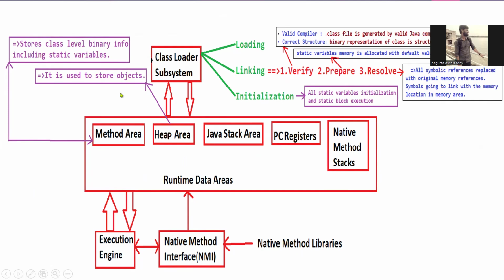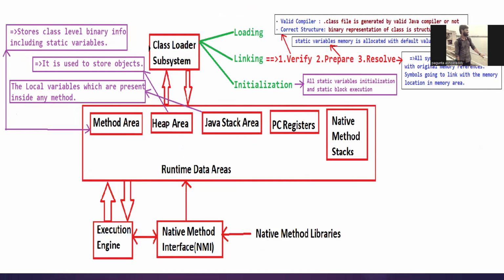In this object, we can store non-static variables. Then the third one is the local variable, which is present inside any method. I told you, Java stack frames are in the Java stack area.